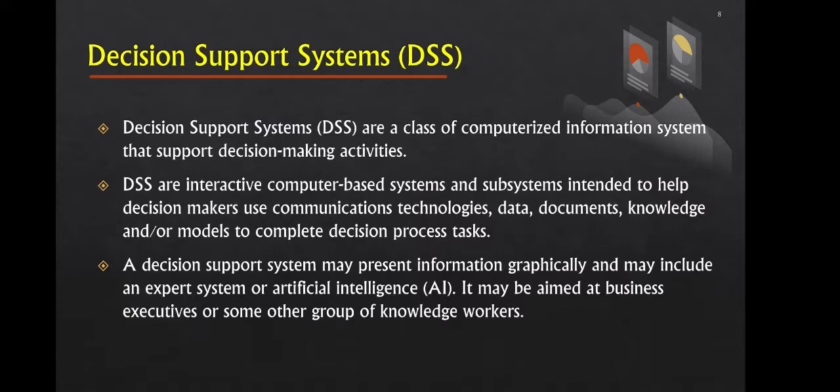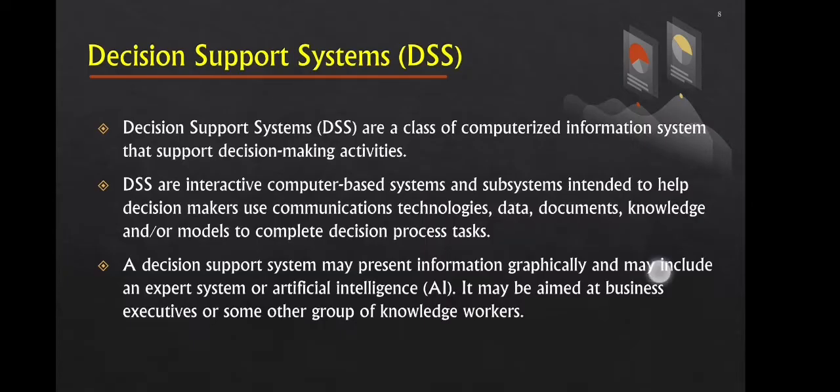A decision support system may present information graphically and may include an expert system or artificial intelligence, or AI. It may be aimed at business executives or some other groups of knowledge workers.